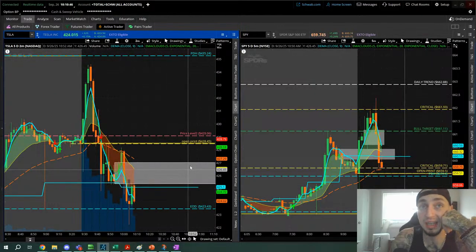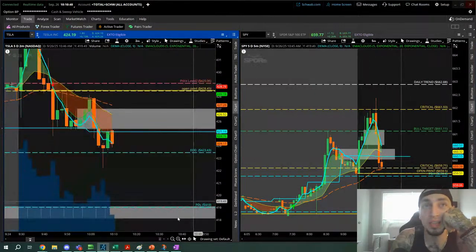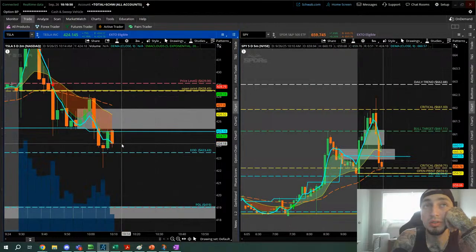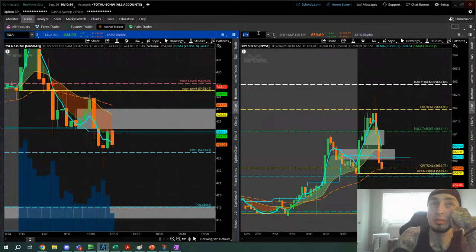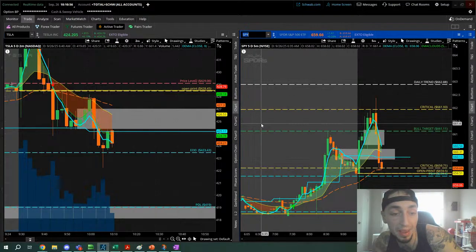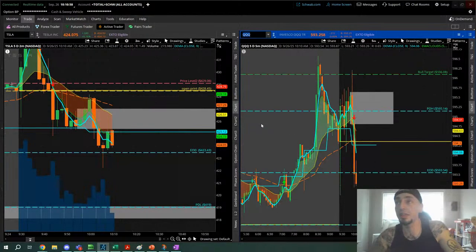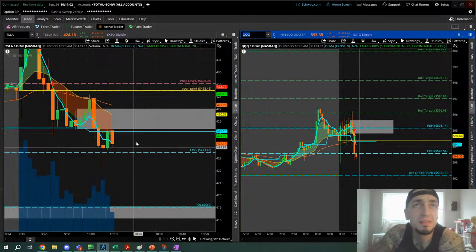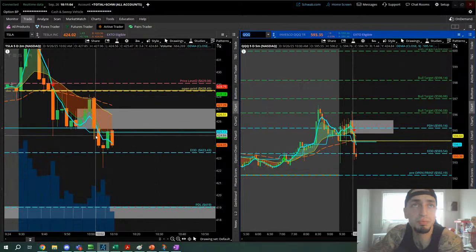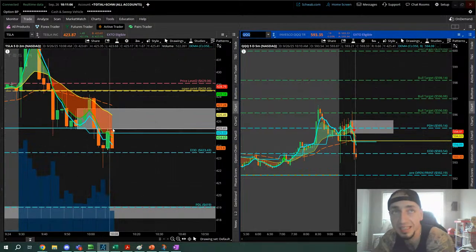Clean retest right there of the AOV. That may or may not have been the entry, but it is what it is. Let's see. Once again, clean retest there.